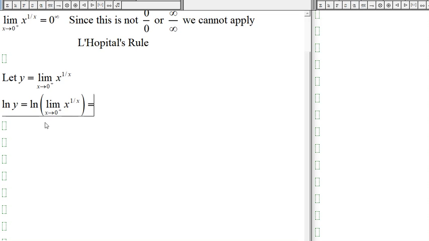We have a theorem on limit of composite function, and it says that we can rewrite this right here as this.